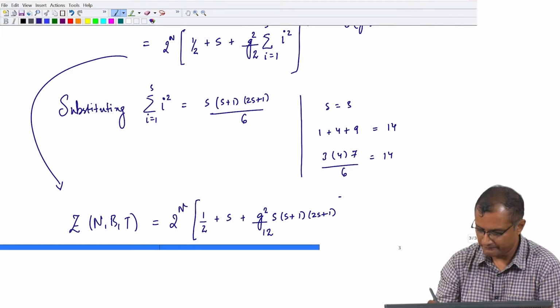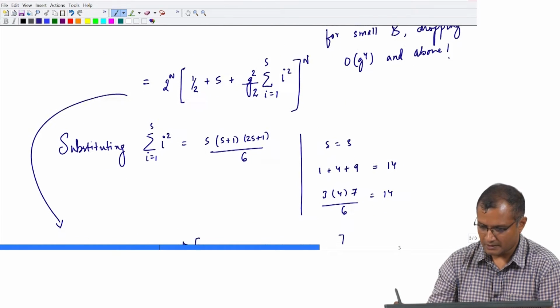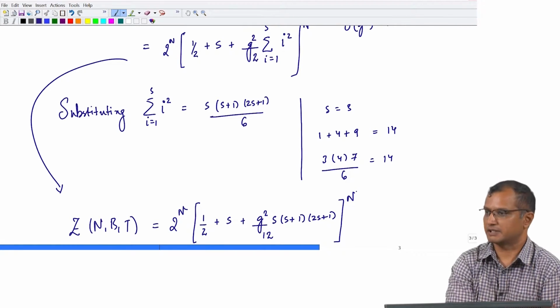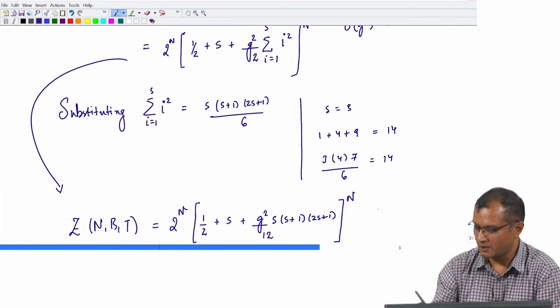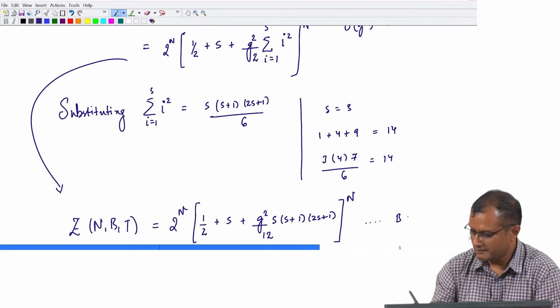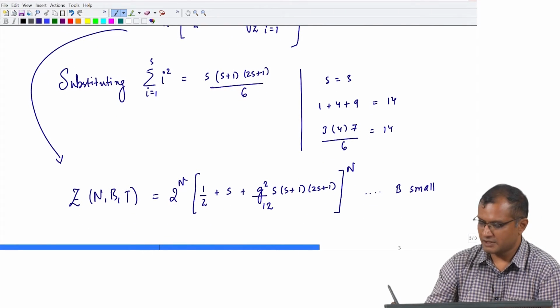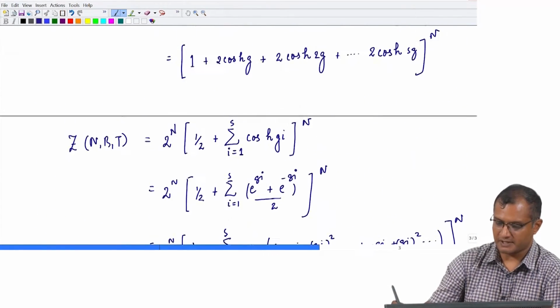Fine, entire thing raised to the power n. And this is the partition function in the small field. Otherwise, you have to take this full partition function which is here.